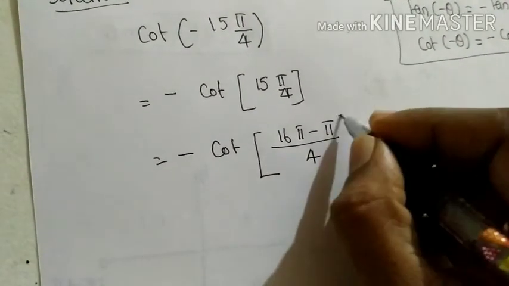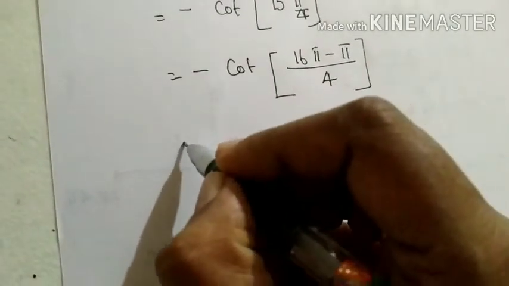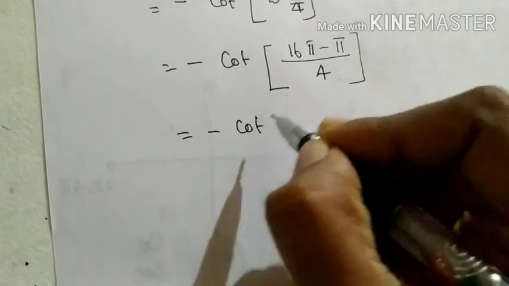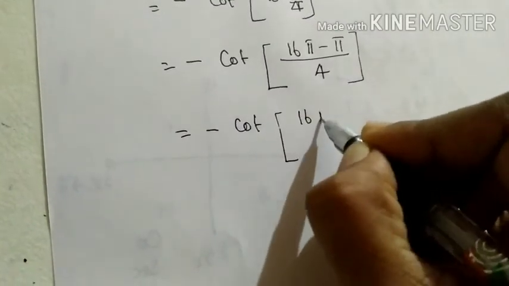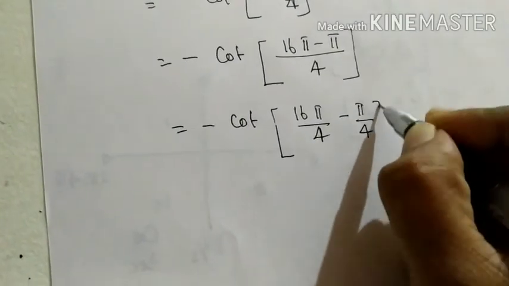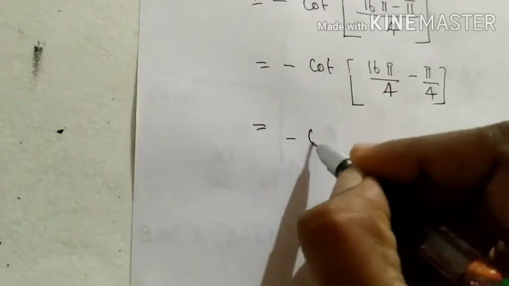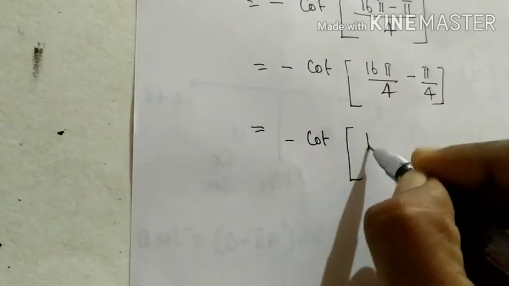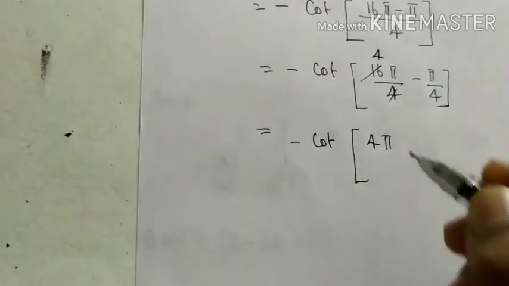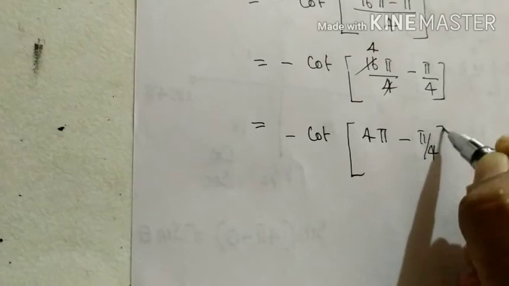And the denominator remains the same, that is divided by 4, and dividing individually, we get minus cot of 16 pi by 4 minus pi by 4, which is further equal to minus cot of 4 pi minus pi by 4.